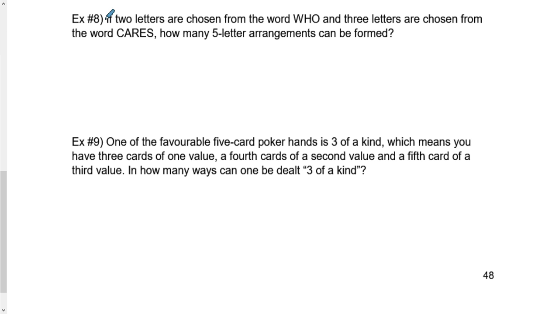Okay, just before we get to the poker though, if 2 letters are chosen from the word "who" and 3 letters are chosen from the word "cares", how many 5-letter arrangements can be formed? Well, there's 3 letters in "who", we're going to take 2, and there are 5 letters in "cares", and we're going to take 3. So 3C2 should be 3 if I'm doing my math right in my head.